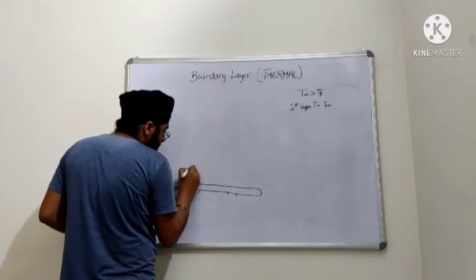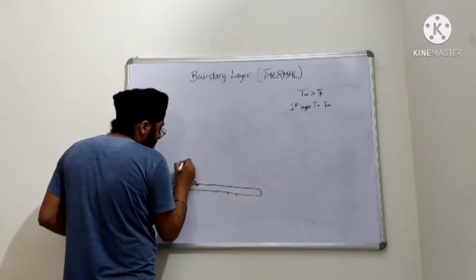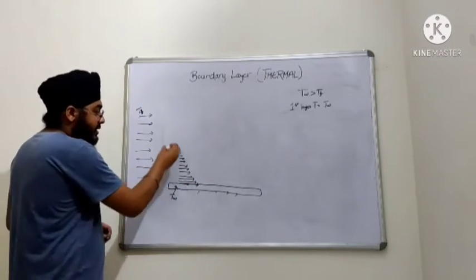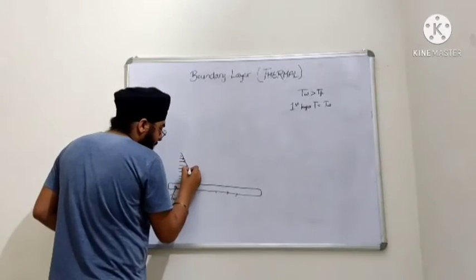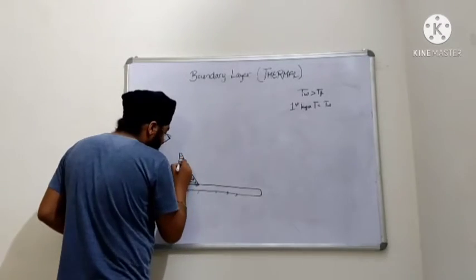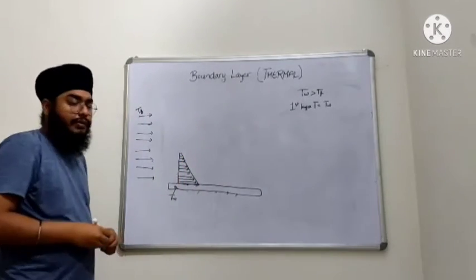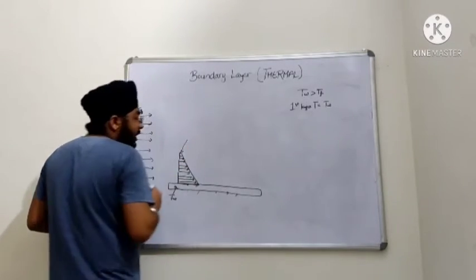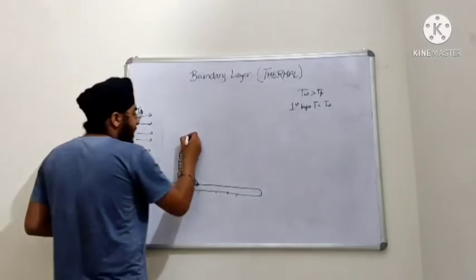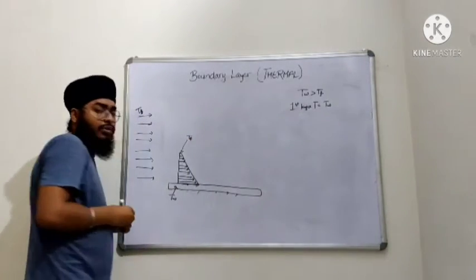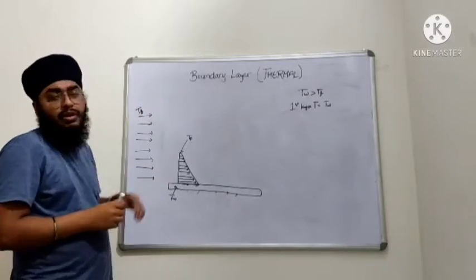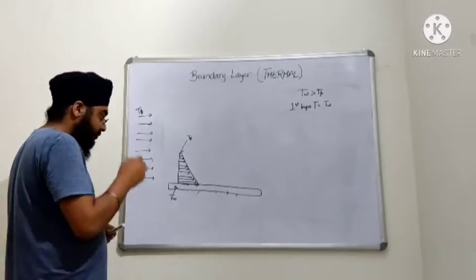This will look something like this. This curve is the thermal boundary curve. Here comes a point where there is a layer whose temperature is almost equal to Tf. Above that point there will be no heat transfer.